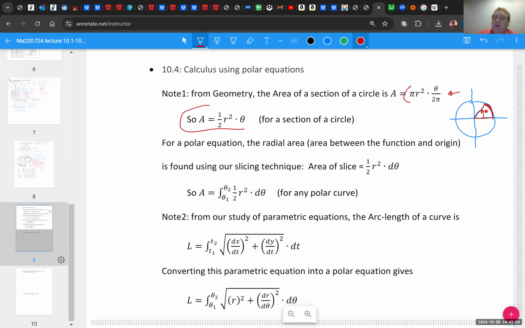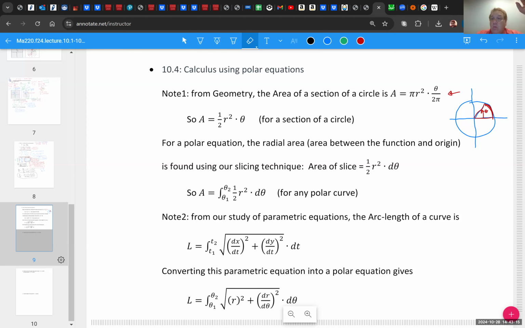Because in this formula here, the pi and the pi divide out to give me 1, and I'm left with just r squared times theta divided by 2. And the way that they write it is not as a fraction, but with the 1/2 in front. So 1/2 r squared times theta, which is the same, of course, as r squared theta over 2. So that's the area of a segment of a circle.